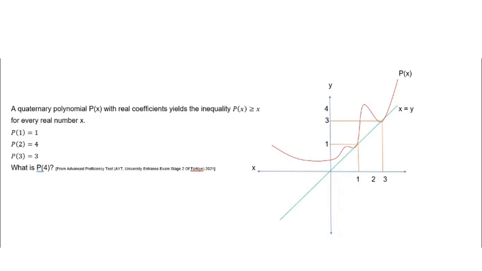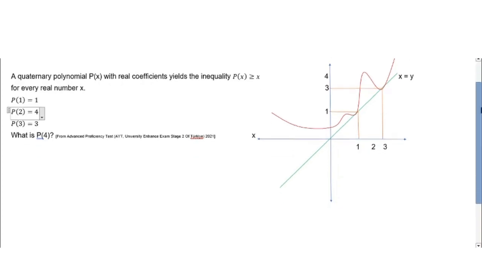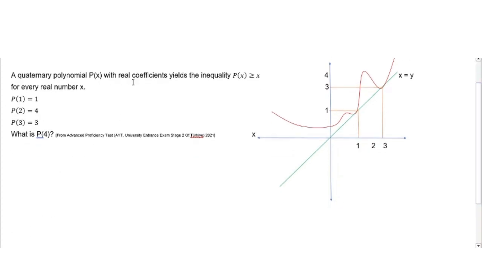So if the polynomial is tangent to the y equals x line at 1 and 3, a double root situation must occur. What do I mean by this? Let me show it in red. We have P(x) equals x at 1 and 3.